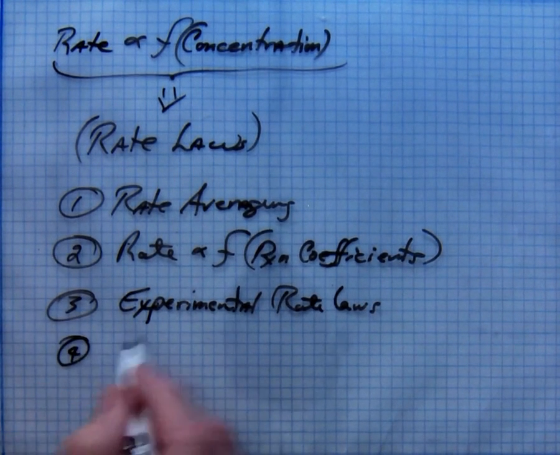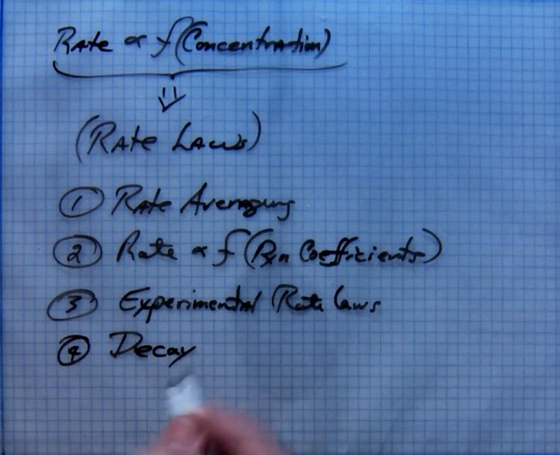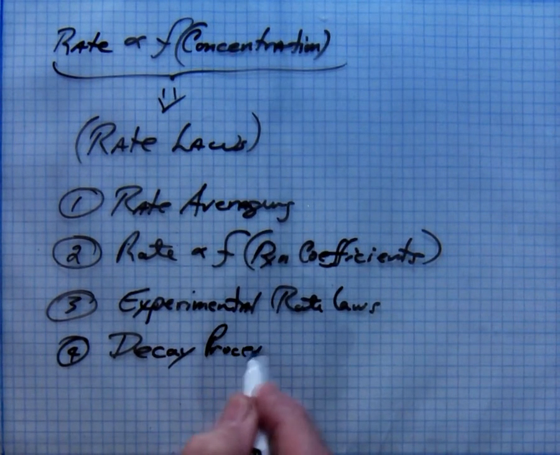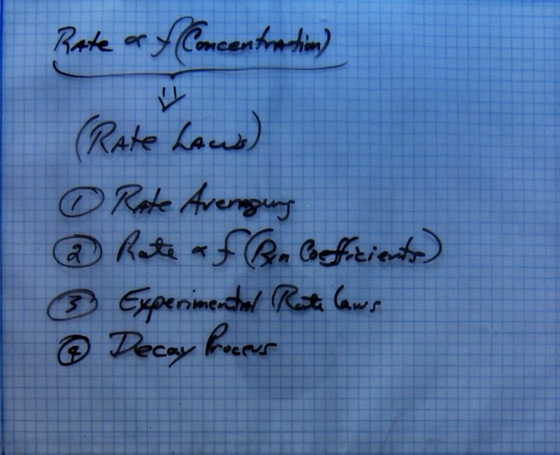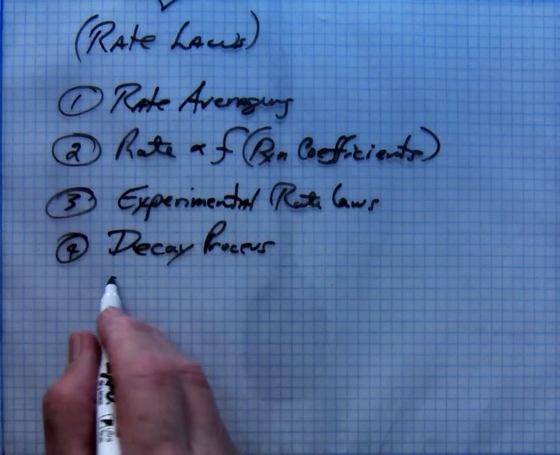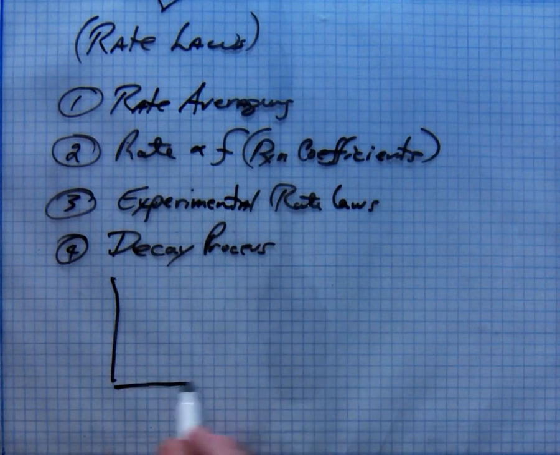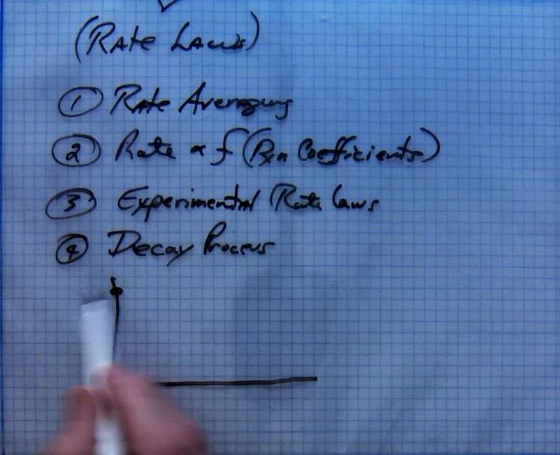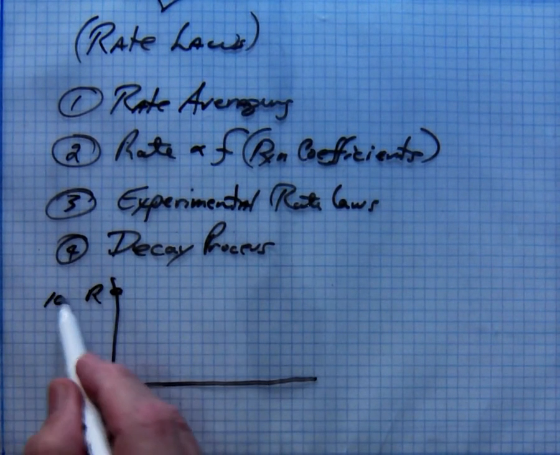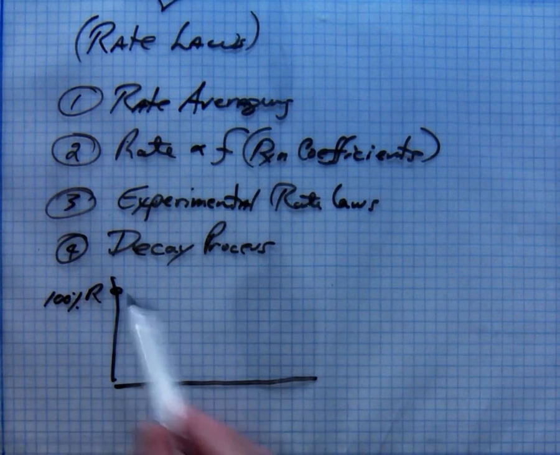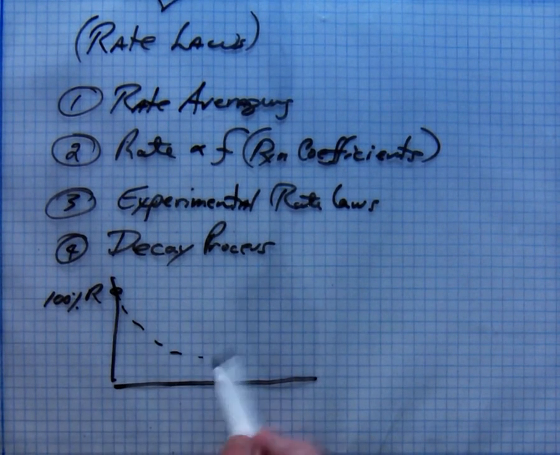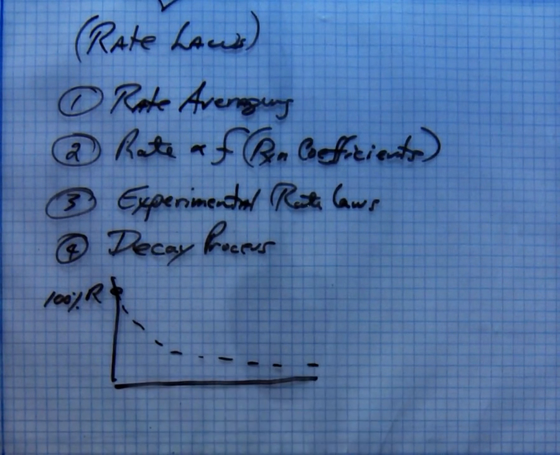And 4, decay process. When a reaction proceeds from reactants to products, the concentration of reactants decreases, right? We saw that earlier in our little graph. We started out with 100% reactants, and over time it did this. Okay?